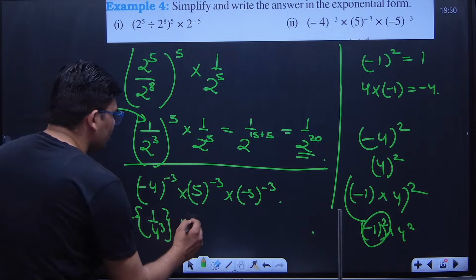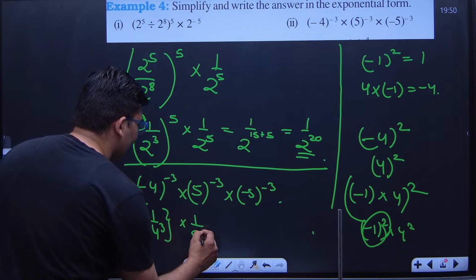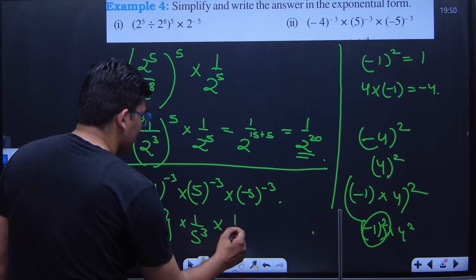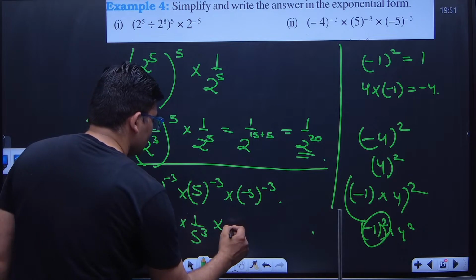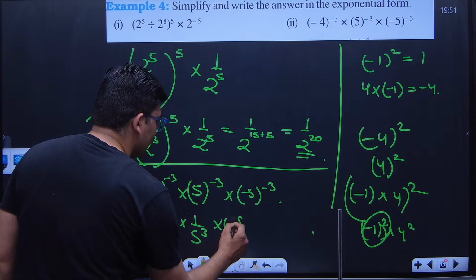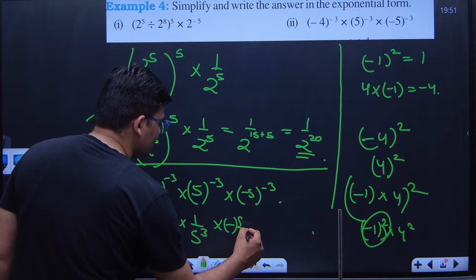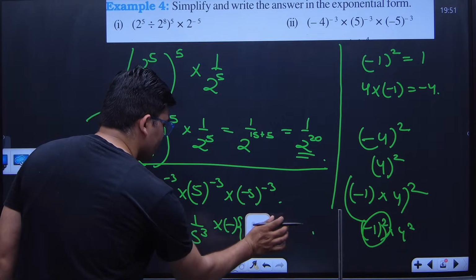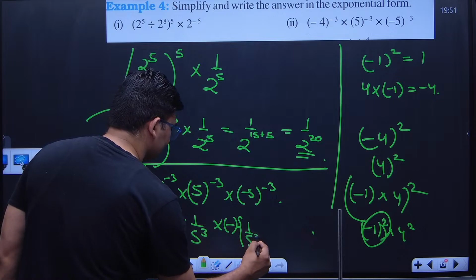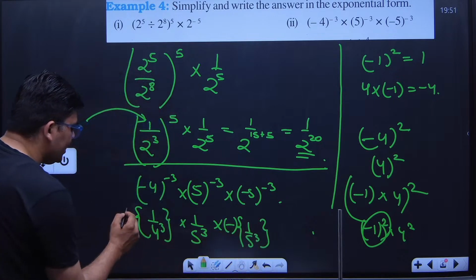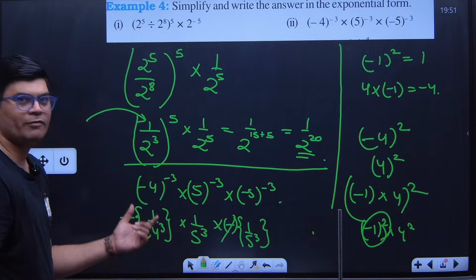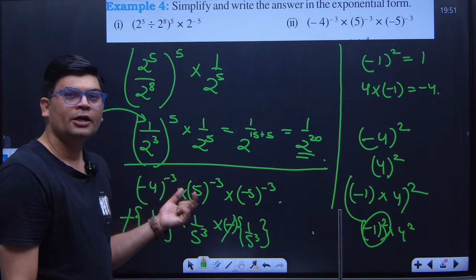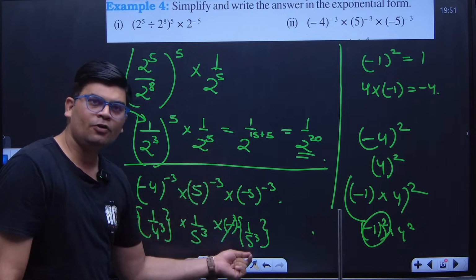Now 5 raised to the power minus 3 can be written as 1 by 5 raised to the power 3, and this can be written as minus, again we have minus here, so again it can be written as minus times 1 by 5 raised to the power 3. So minus and minus will get cancelled out, it will become plus again, and we have 4 raised to the power 3 into 5 raised to the power 3 into 5 raised to the power 3.